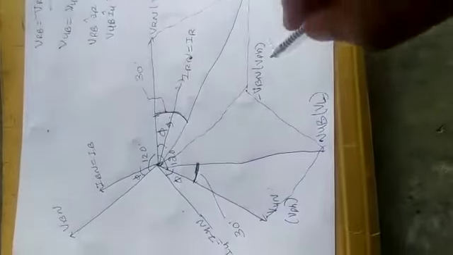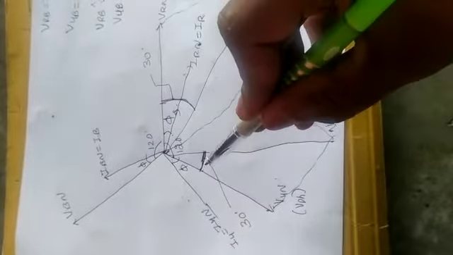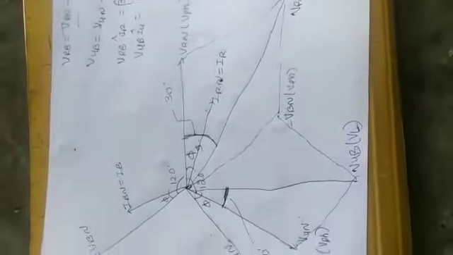VYB and IY, this is VYB and IY. So for VYB, this angle is 30, then plus phi, 30 plus phi. So it will become 30 plus phi. Okay. So ultimately we found the angle between these two vectors.